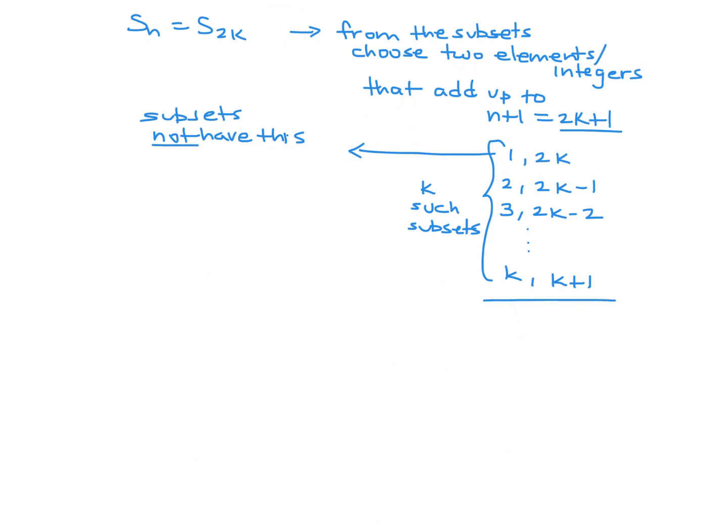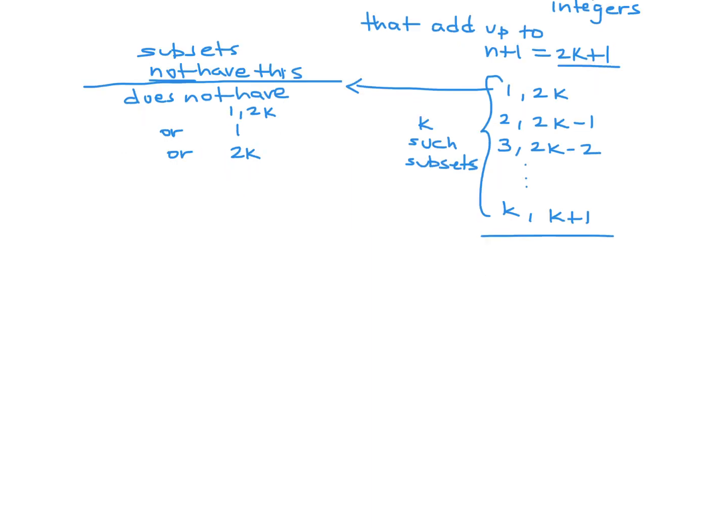Now, do not have it, if we look at, say, the first one, 1 and 2k, that would be a subset that does not have both 1 and 2k, or does not have the 1, or does not have a 2k. So that would be three such subsets.